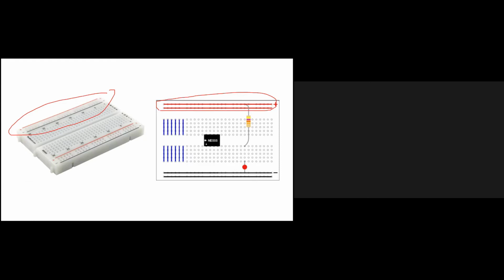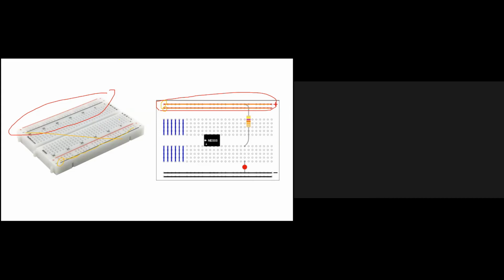Once you plug something here, it will be short circuited through this entire path. This one also has the same property; it is short circuited along this path. Here also the same. Once you put something here, it will short circuit along this path, and that's how it works.